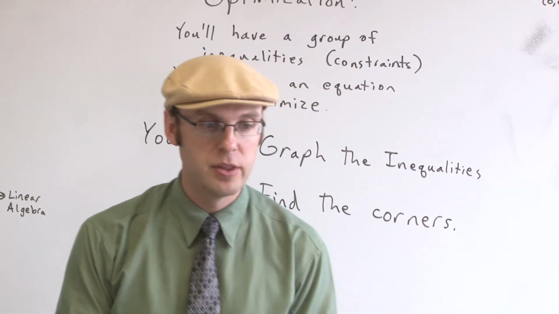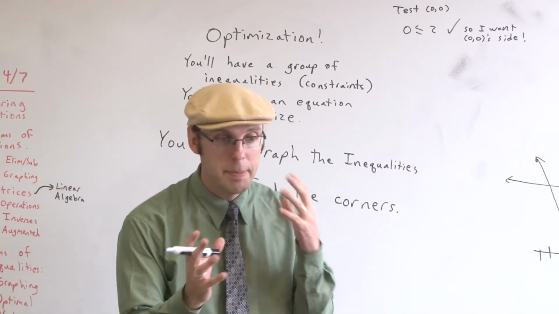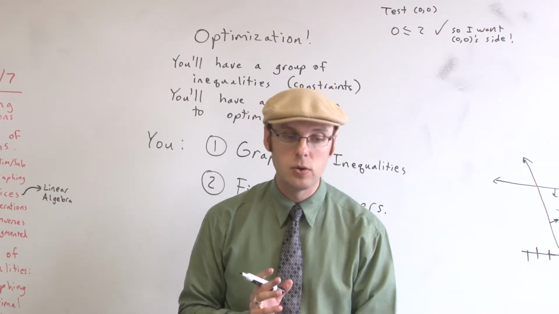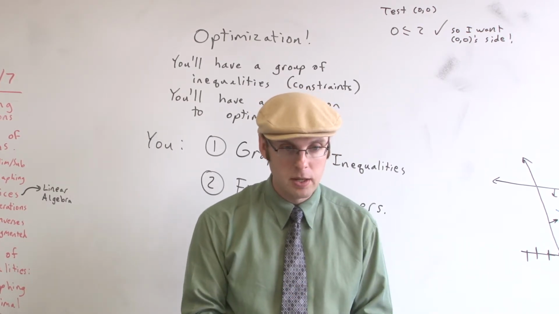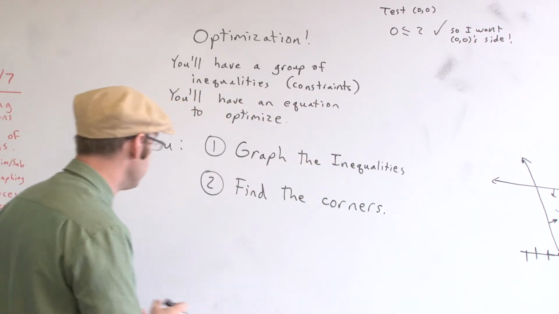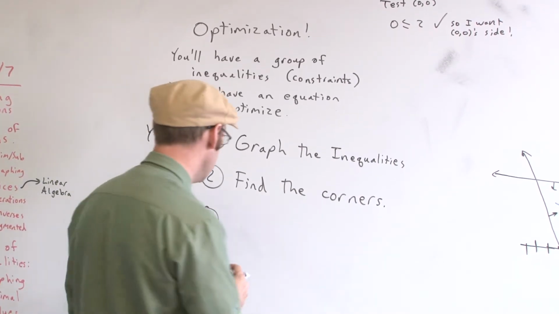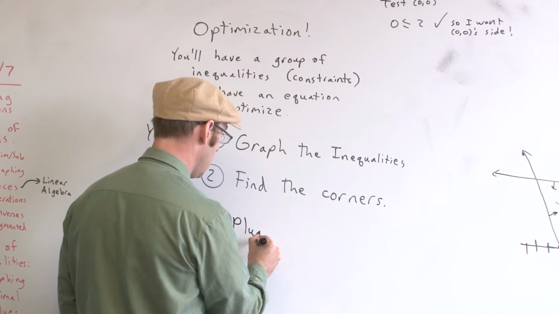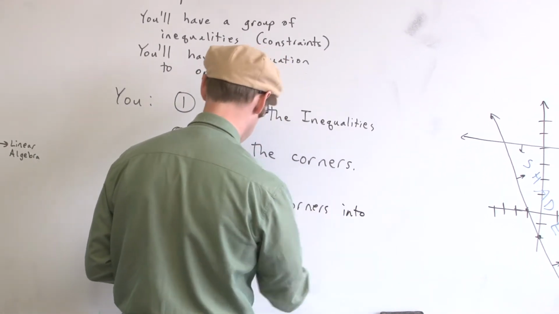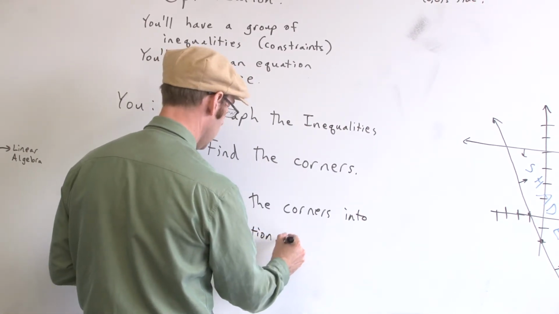That's the most important part of this whole thing, because it's a fact that the optimized values of any of these equations that you're going to get are to be found at the corners. It's not going to be found somewhere in the middle, it's going to be found at one of those extreme corners. So you're going to have to find the coordinates of those corners, and then 3, plug the corners into the equation. See which one is the biggest. Or yeah, biggest or smallest.